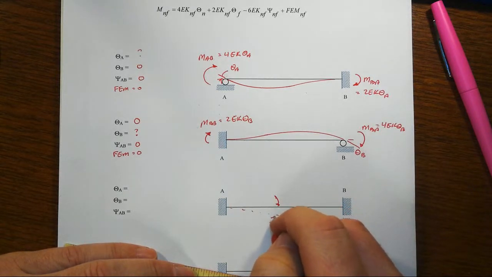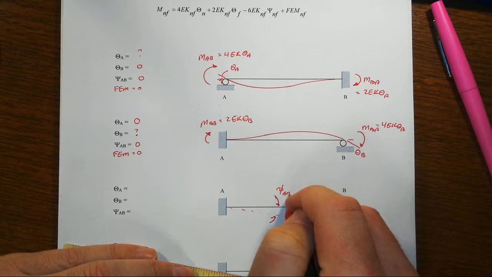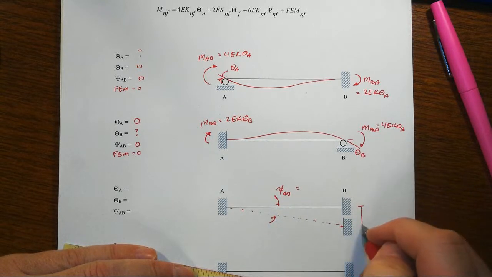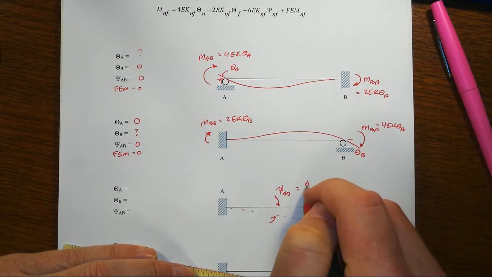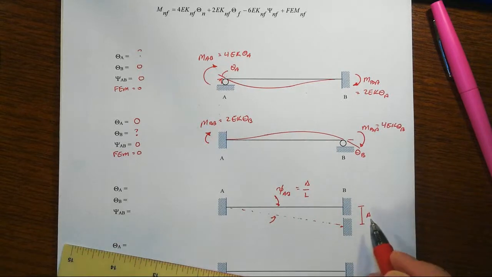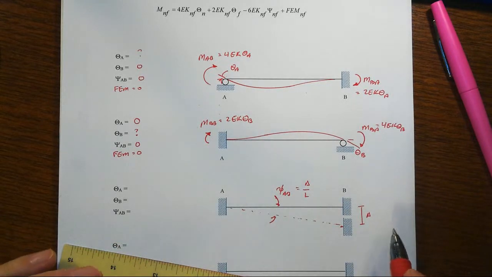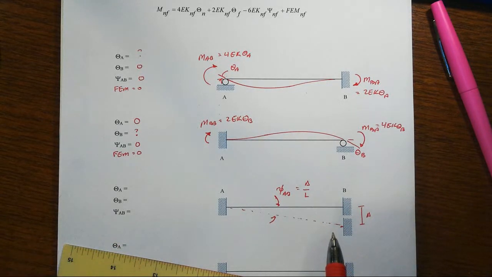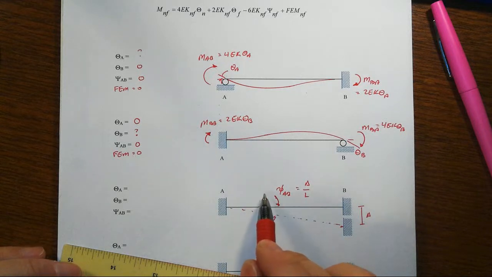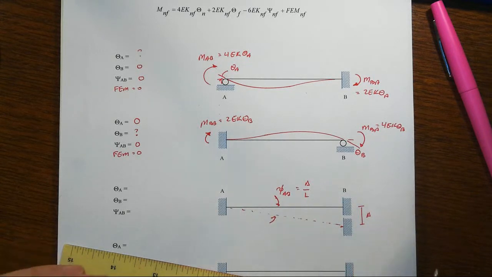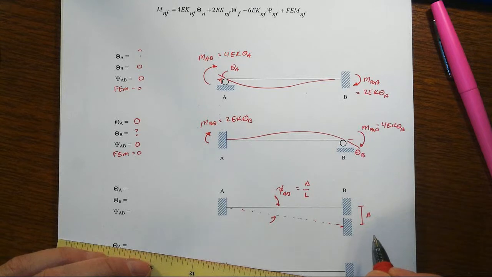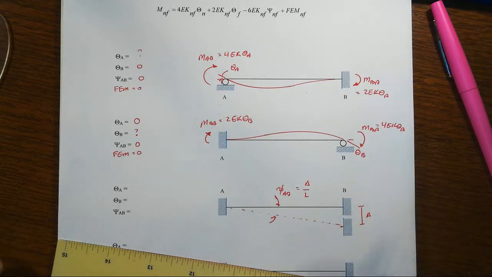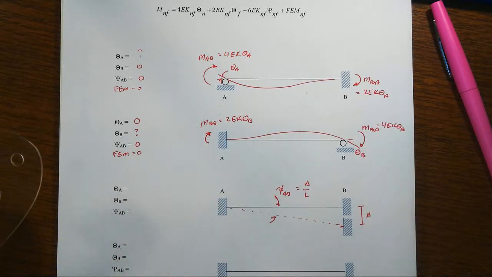And that chord term, there's your psi AB, is going to be equal to whatever this delta sway is divided by the length of the member. Really it's tangent of delta over L, but the angles are so small that the tangent of the angle is equal to the angle itself in radians.